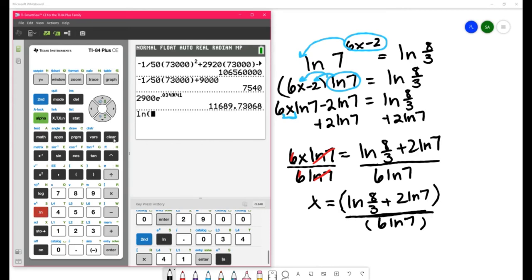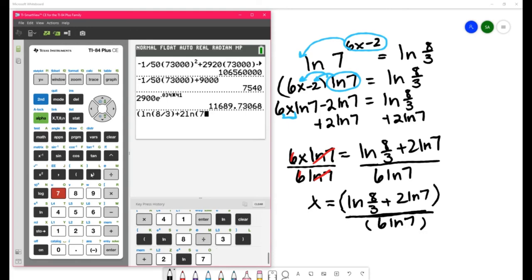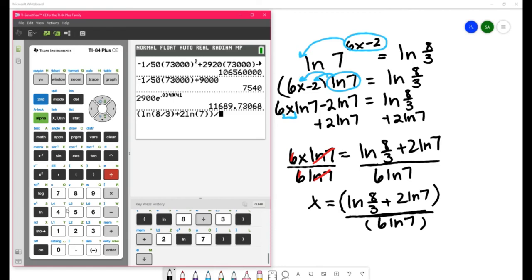So we're going to do natural log of 8/3 inside parentheses around the numerator, plus 2 natural log of 7, close parentheses, divided by, and I need parentheses around the whole denominator, so that's 6 natural log of 7, and I'm closing parentheses for the log and the denominator.